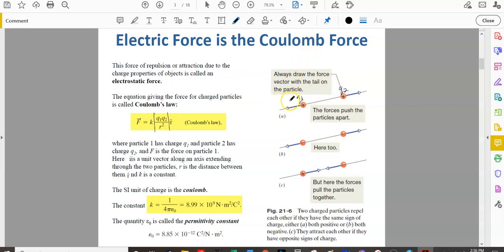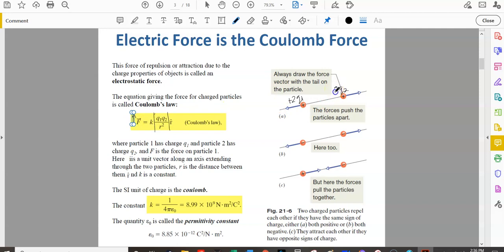What's important too is that if you add charge to just one of these, say you add 2 to this one, you're going to double the force they exert on each other.